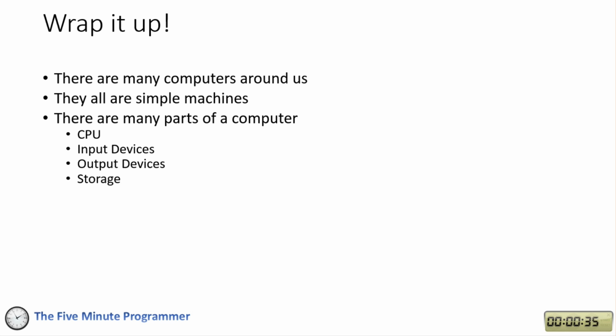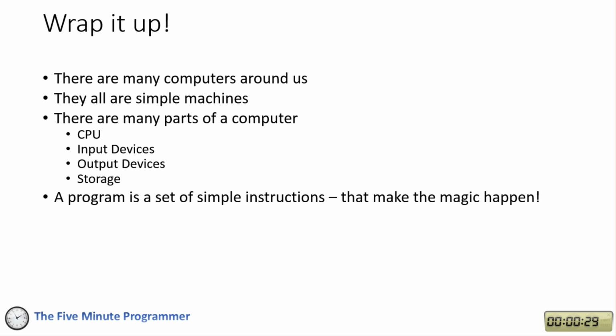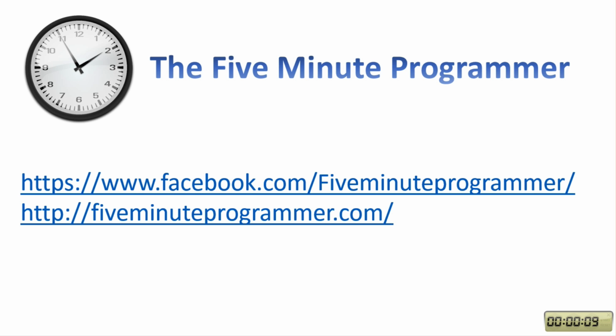And there's many parts of the computer that we're interested in as programmers: CPU, input devices, output devices, and storage. Finally, a program's a set of simple instructions that make that magic happen. So that's all we want to talk about today about the computer. That's a real brief introduction. You can learn a lot more about computers if you'd like to, but this is what we need to know to get started in programming.